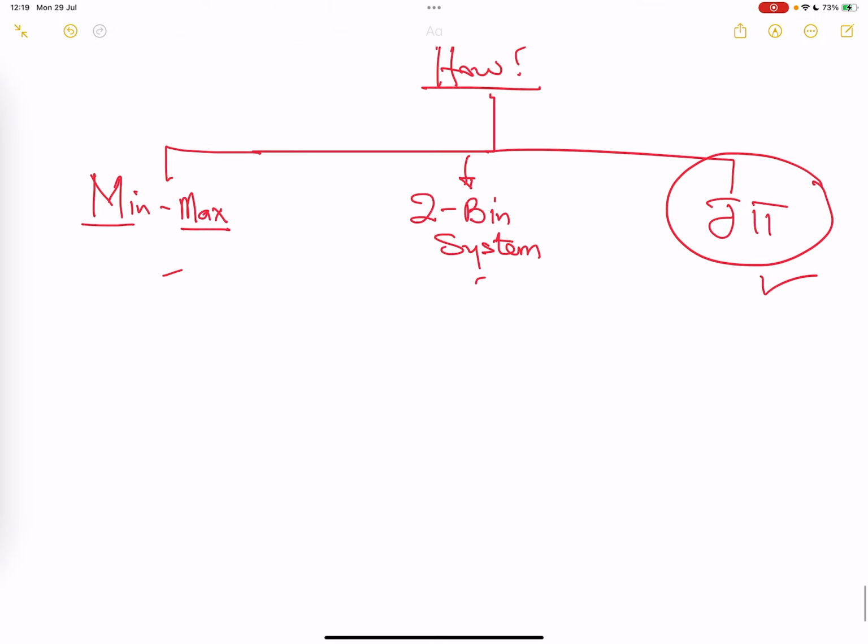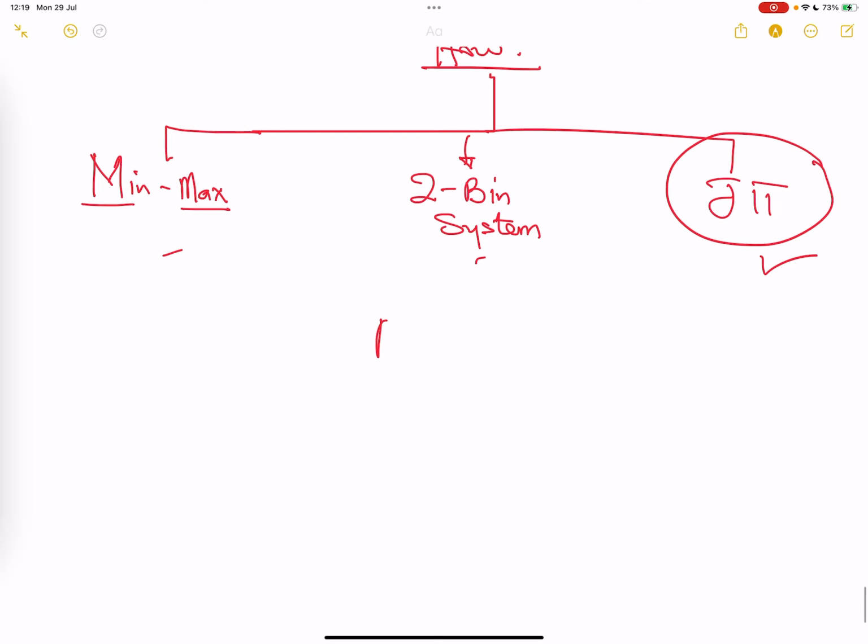Now, let's talk about the min-max approach. What this is talking about is, if you are managing inventory, we need to be able to determine the maximum amount of inventory we need to have so that we don't have too much. Because when we have too much, our holding cost will be high.